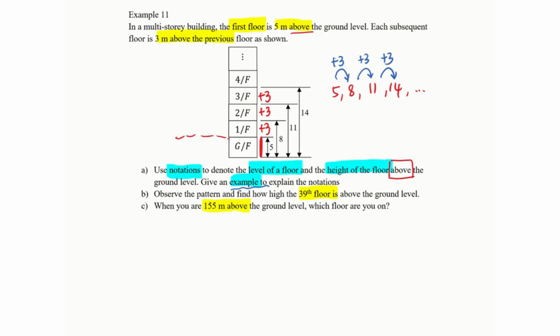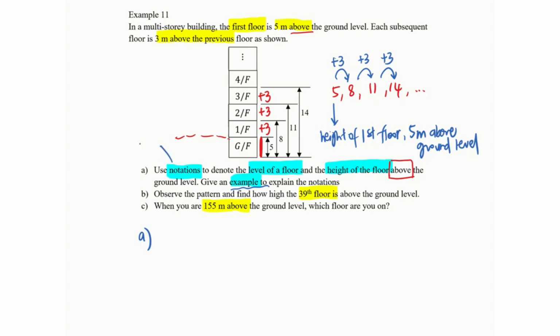So what does 5 represent? 5 represents the height of the first floor, and it is 5 meters above ground level. So part A, use notations to denote the level of floor and the height of floor above the ground level.